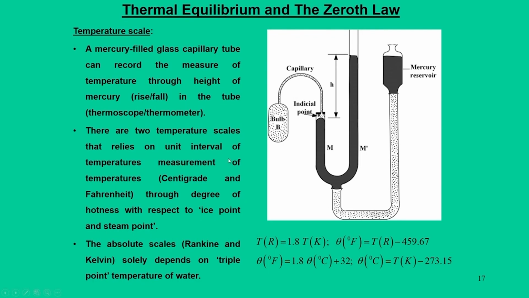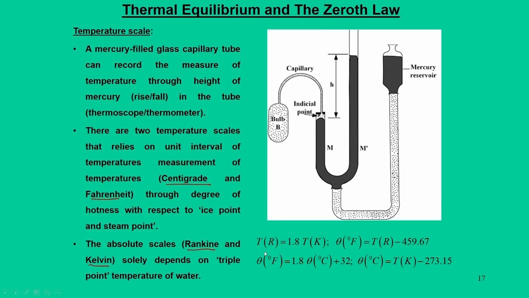So, ultimately there are two scales which rely on the ice point and steam point, that is centigrade and Fahrenheit, and two scales that rely on the triple point of water, that is Rankine and Kelvin.